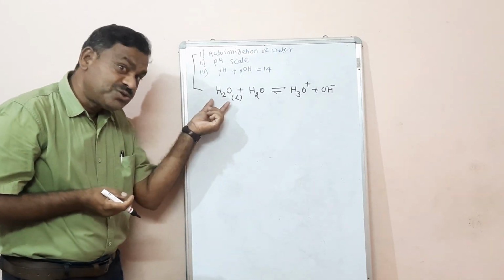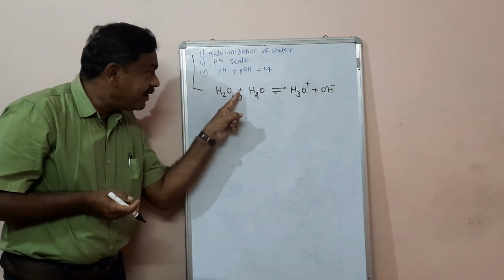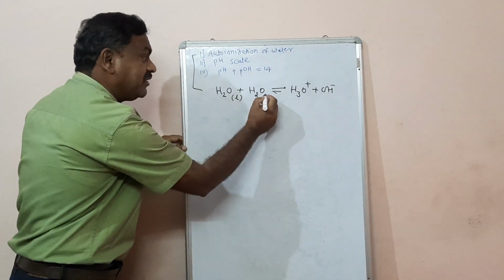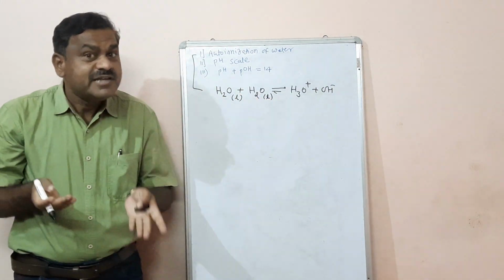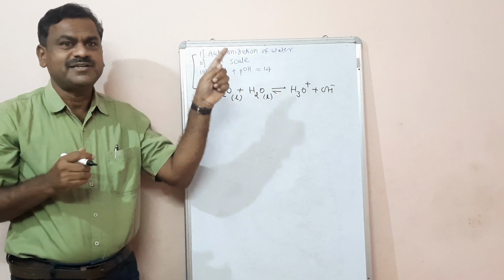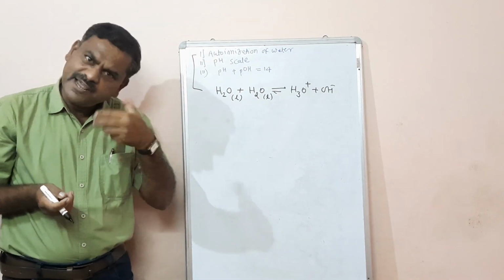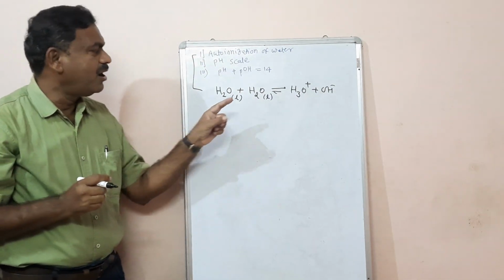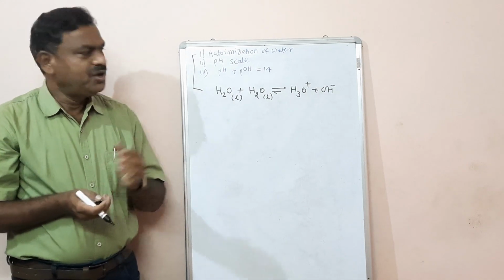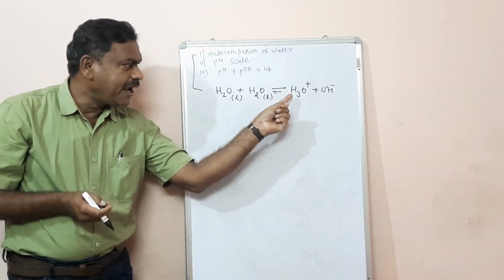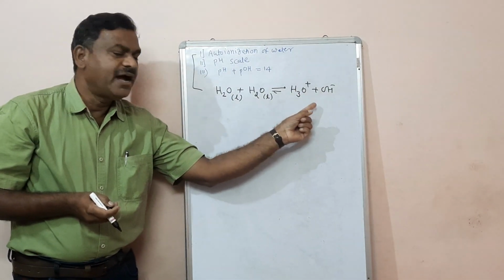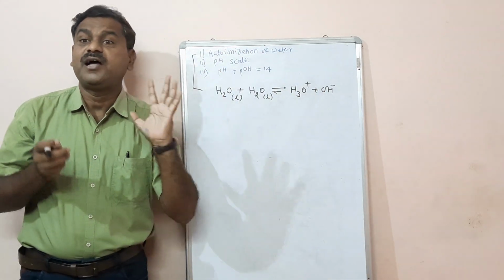Means H2O combines with another H2O. That is the self-ionization of water, which gives the hydronium ions and the hydroxyl ions.